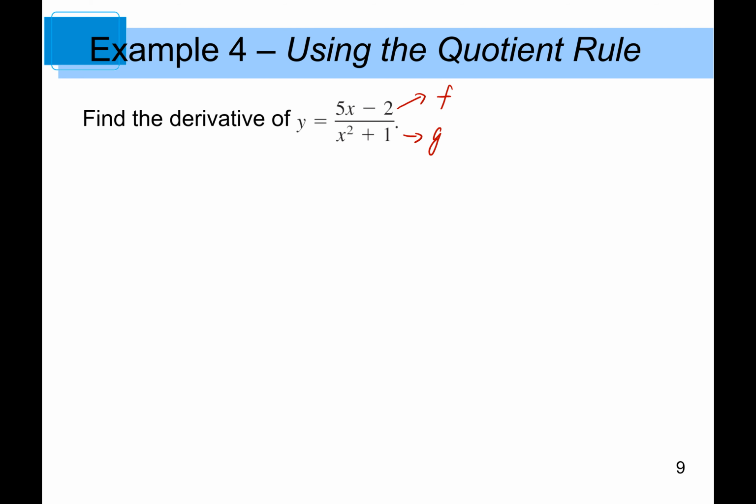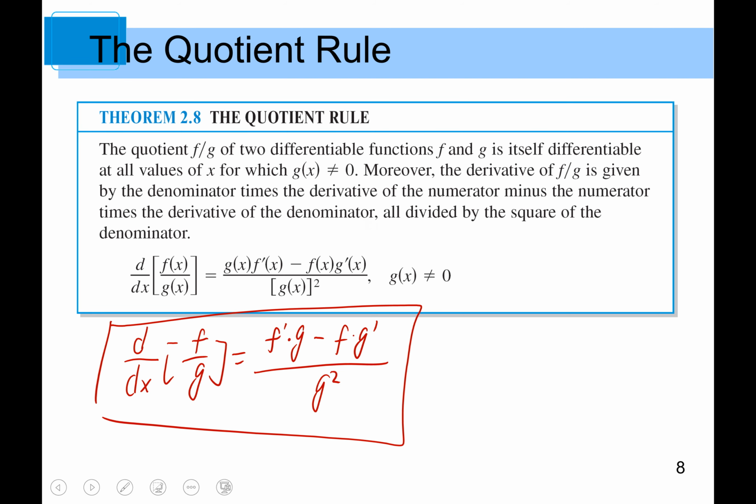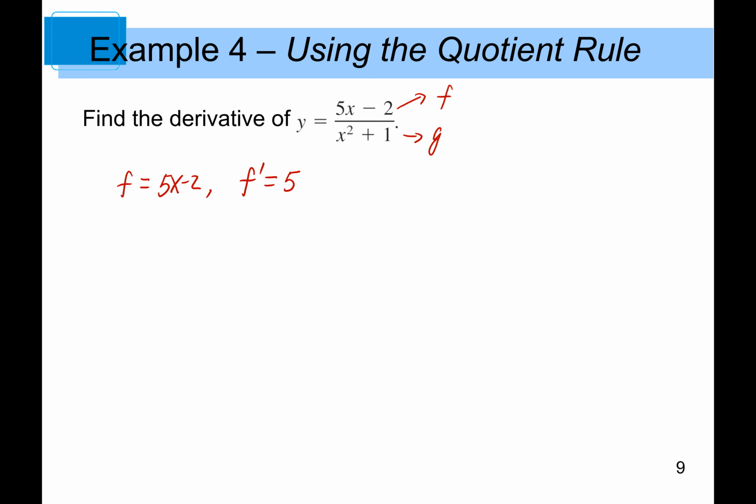So once you figure out what is f, what is g, what is f prime, and what is g prime, you're ready to go. So for 5x minus 2, f prime, the derivative of f: the derivative of 5x becomes 5, and the derivative of negative 2 becomes 0. Okay, so it's 5.